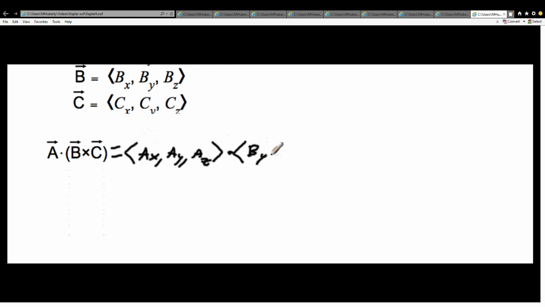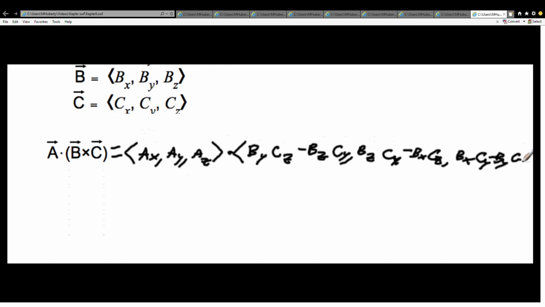You can look up the formula if you need to, but it's BY CZ minus BZ CY, comma, BZ CX, oops, that should be the X, minus BX CZ, comma, BX CY minus BY CX. Made that all fit. Great.